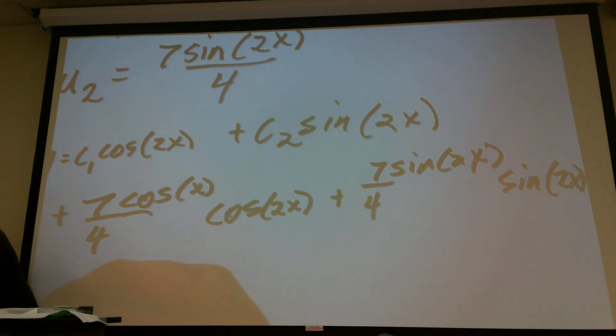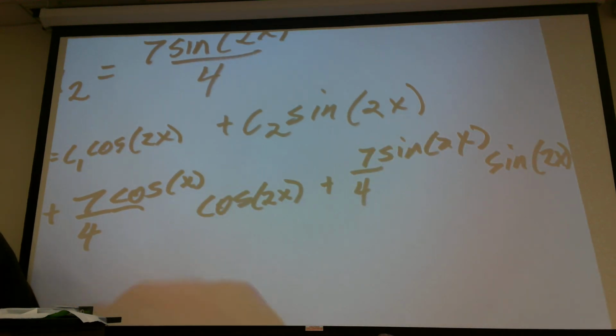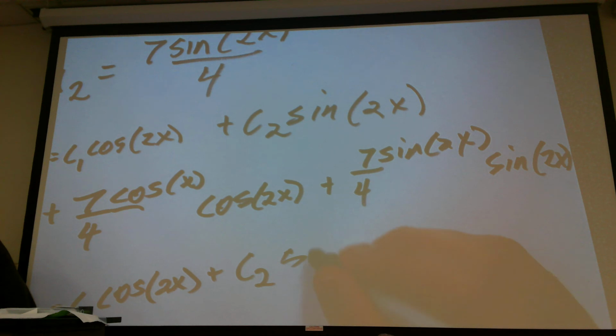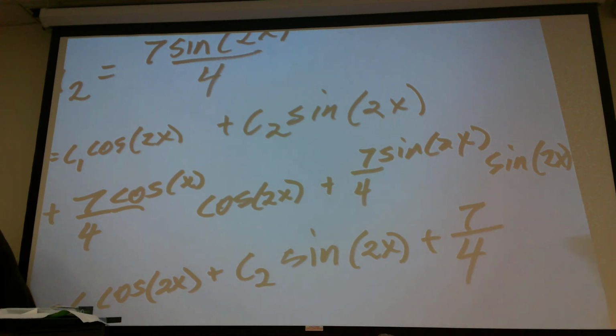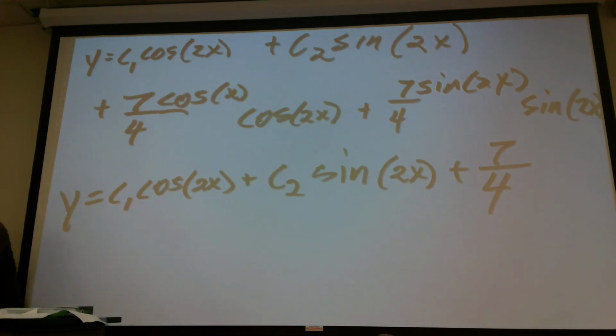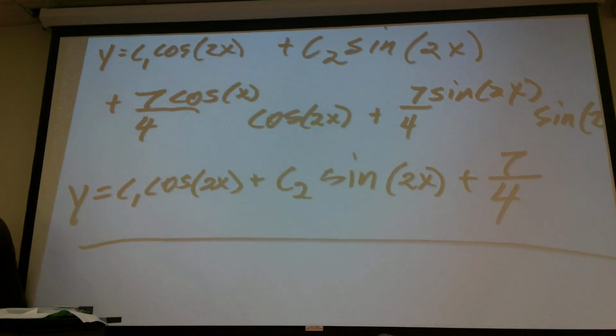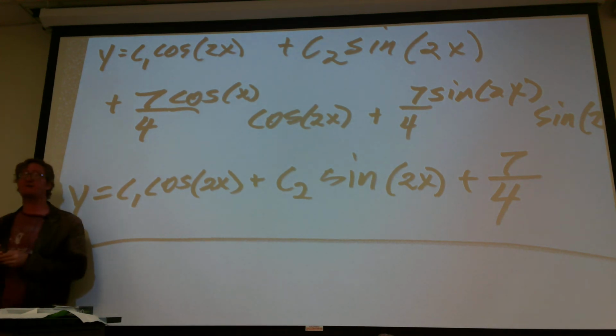So y equals c1 cosine of 2x plus c2 sine of 2x plus 7 over 4. Okay? And that is the solution through variation of parameters.